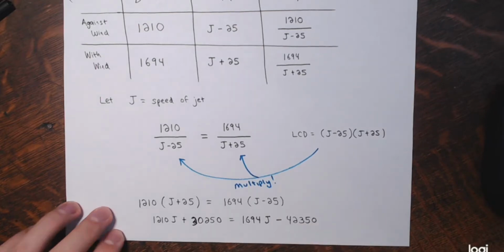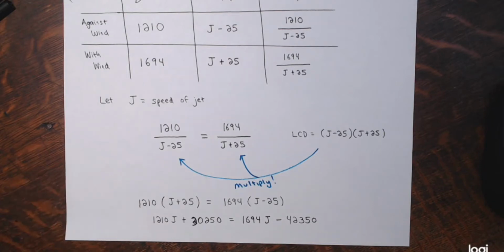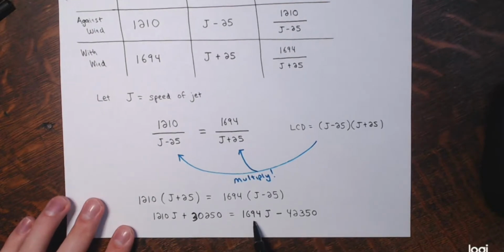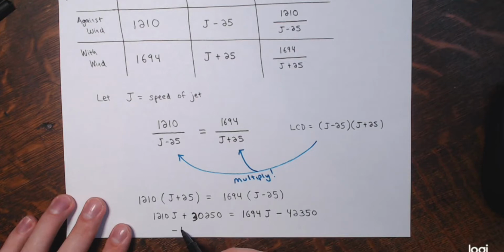All right, I'm going to subtract the 1694J. 1210 minus 1694, so that's negative 484J on the left side. And on the right side, subtract 30,250. That'd be negative 72,600. And then we divide.